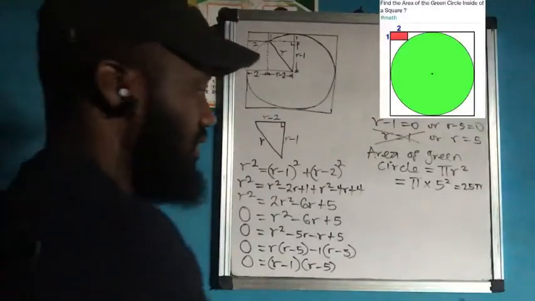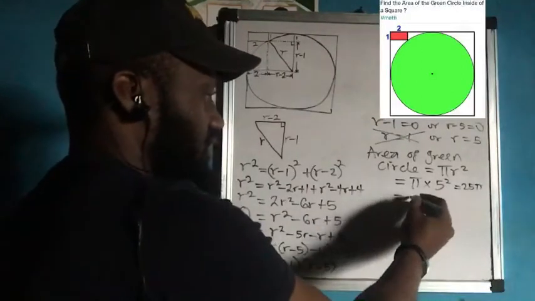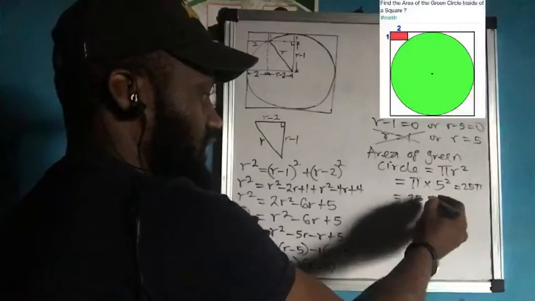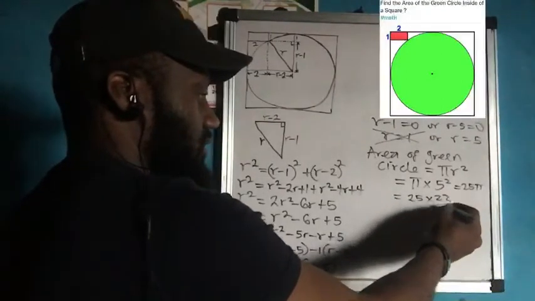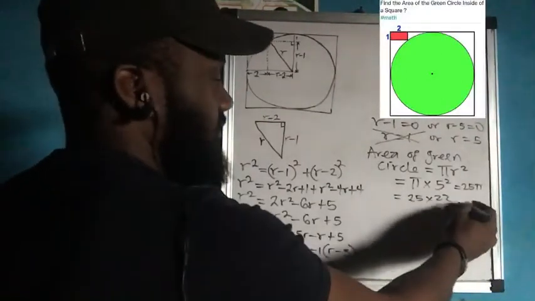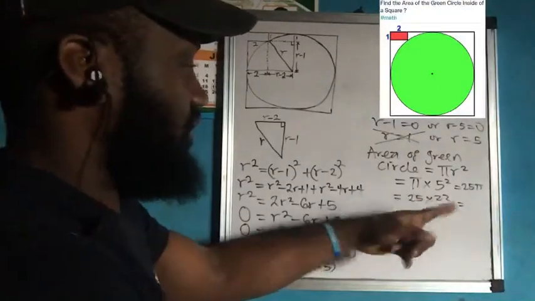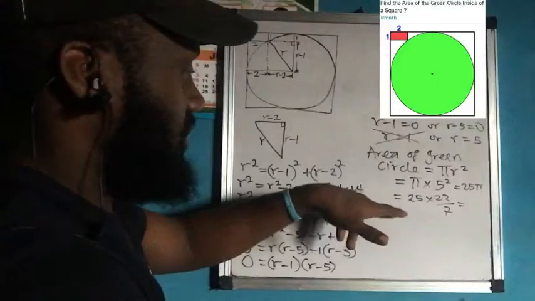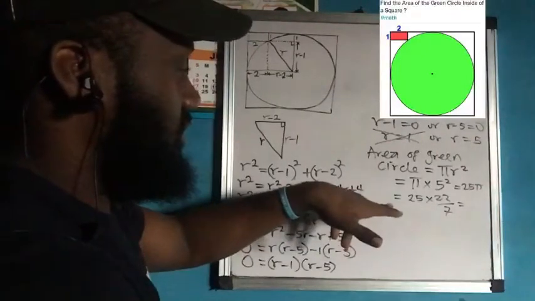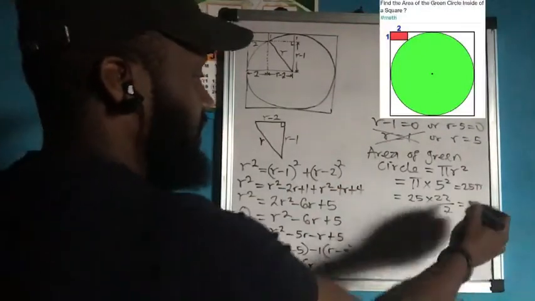Then if we want to express it not in terms of pi, then we have 25 times 22, which should give us 550.